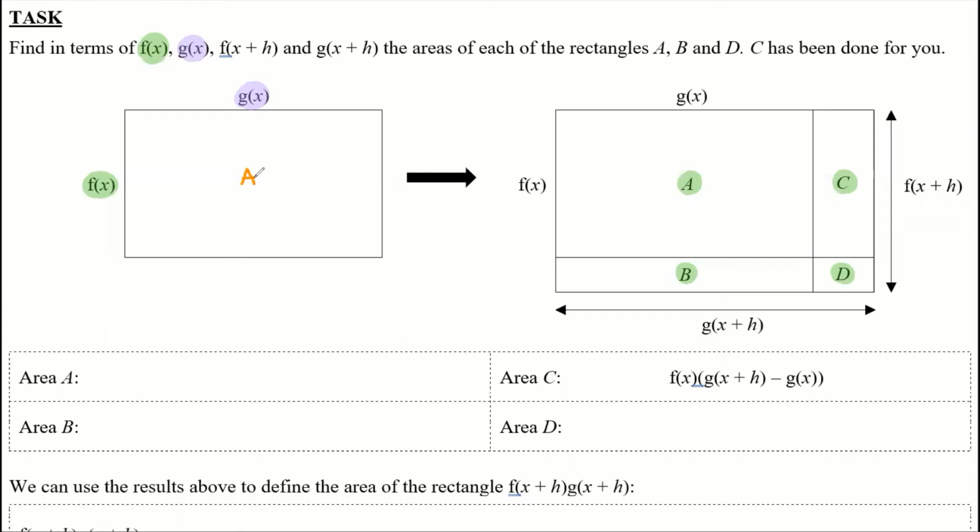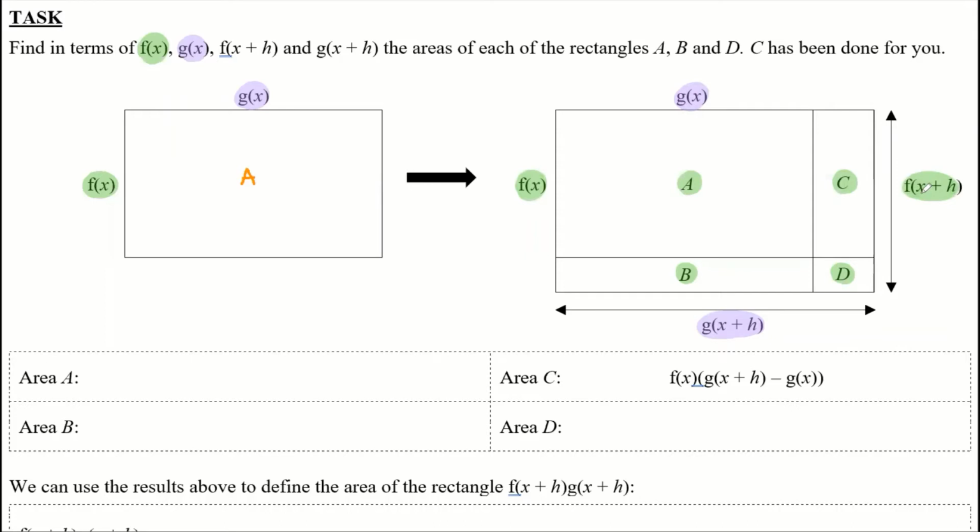But we now, because we've made g slightly bigger, so the g of x has now become g of x plus h, as you can see down there. We've got a slightly longer rectangle, and we've created 3 new rectangles. And the same thing with f of x as well. We've now gone from f of x, we've made it slightly longer, f of x plus h, so we've obviously generated these 3 extra rectangles.